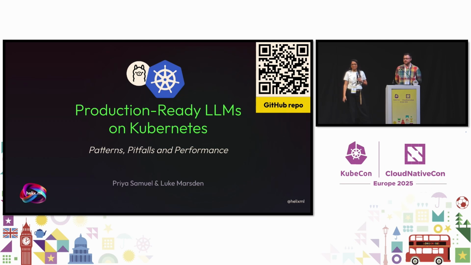We want to talk about patterns that we've used, pitfalls that we stumbled into, and really talk about our mistakes as well, so you don't have to make them yourselves. And we'll also talk about the layers that we build on top of a basic open LLM running on Kubernetes.